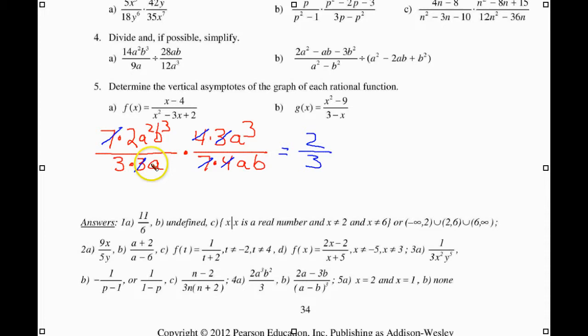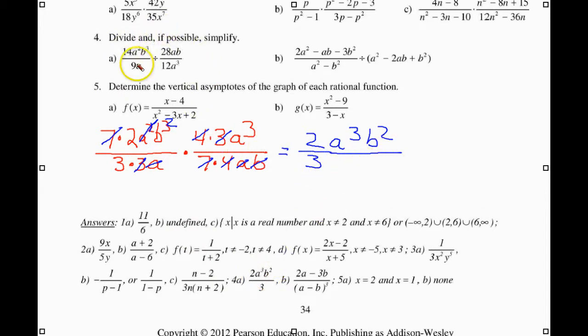And then here I can cancel out an a with an a here, this a with this other one here. And I'm left on the top with a to the 3rd. And then I believe I have a b to the 2nd left here. And let's see how we did. So that was 4a, 2/3. Yep, this is good.